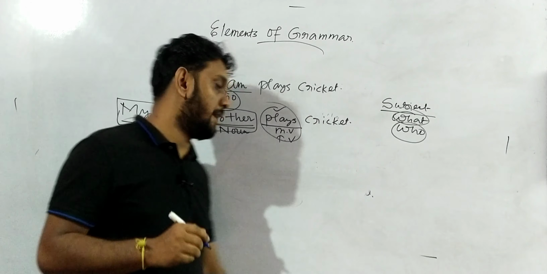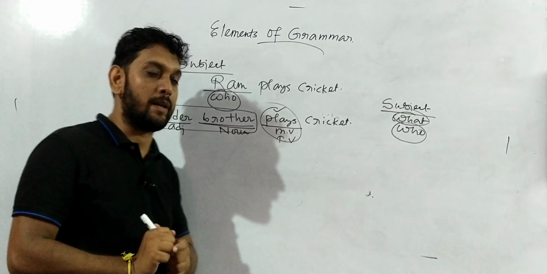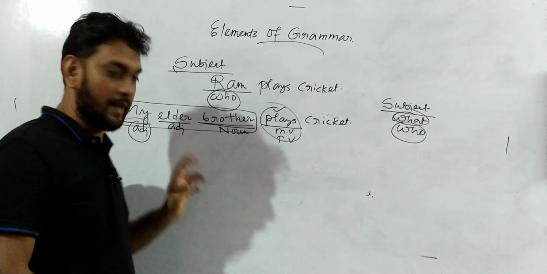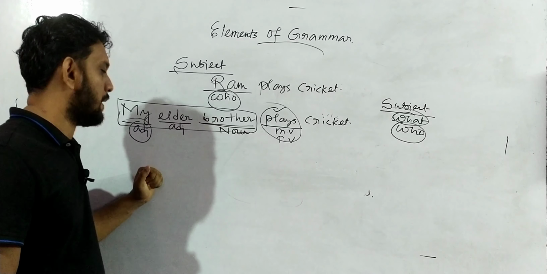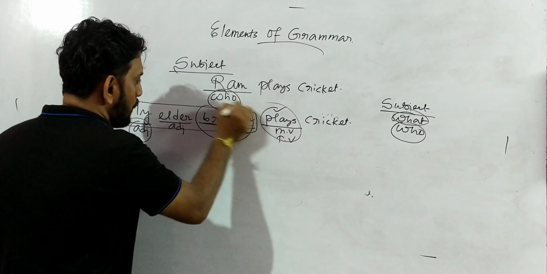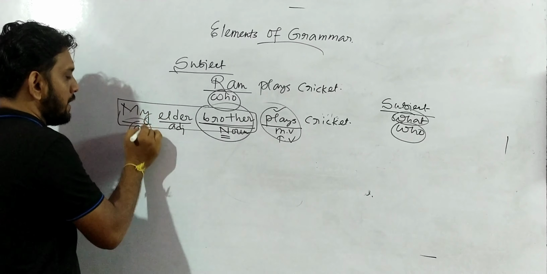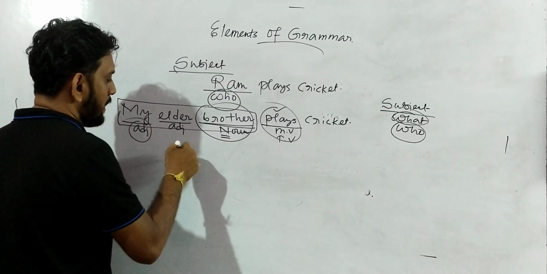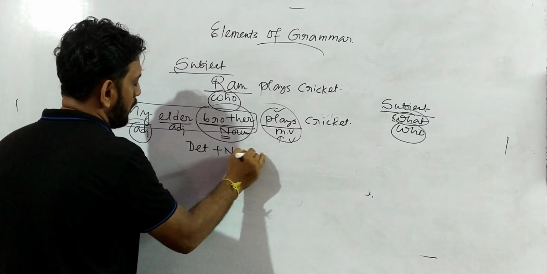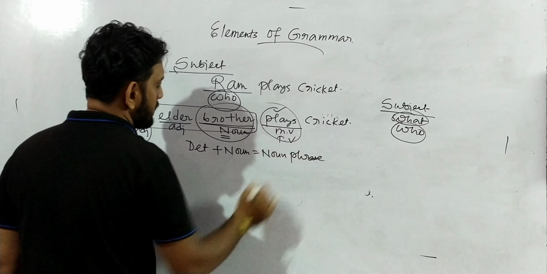Because this my can also be considered a determiner. So a determiner is also part of an adjective, so if we call it an adjective, that would be correct. So in my elder brother, brother is the noun, and the beginning part is called adjective. And we have already understood that determiner plus noun forms a noun phrase.